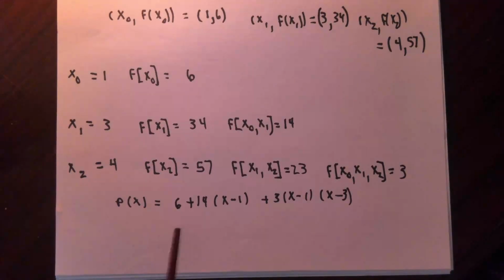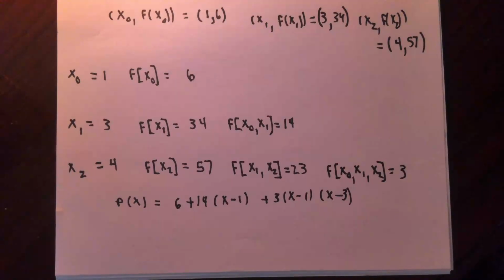That polynomial is this first number, 6, plus 14 times x minus x0, plus 3 times x minus x0, that's x minus 1, times x minus x1, which is x minus 3. The fact that there's a 3 in two different places means nothing, it's just a coincidence.